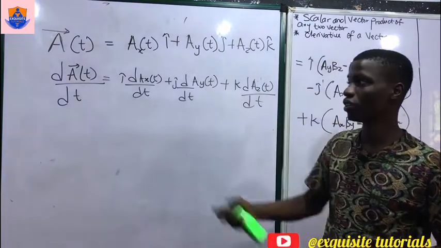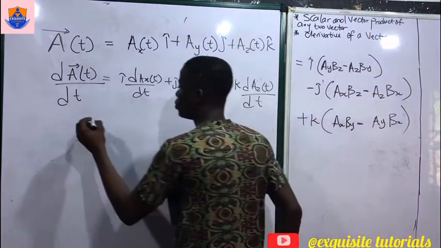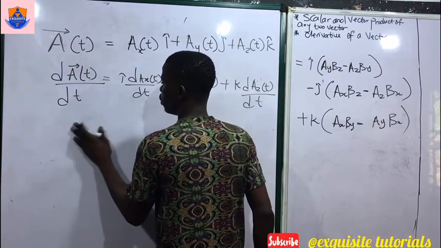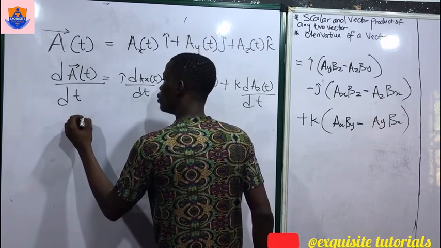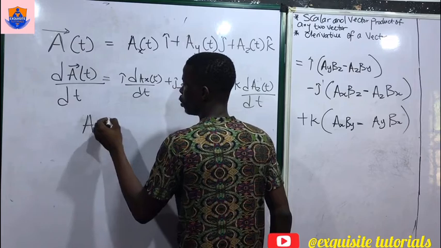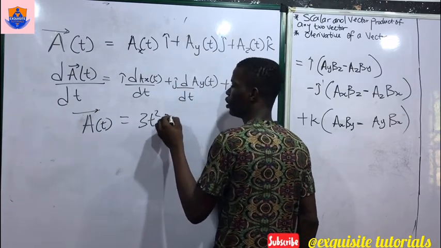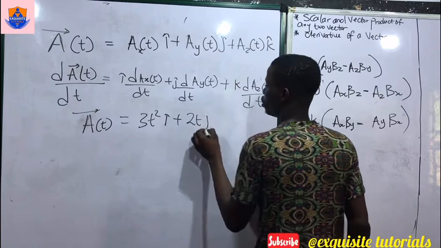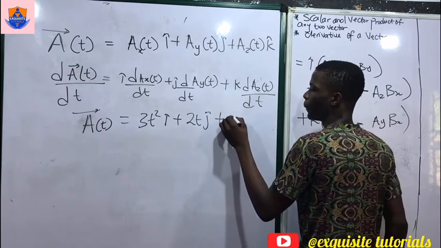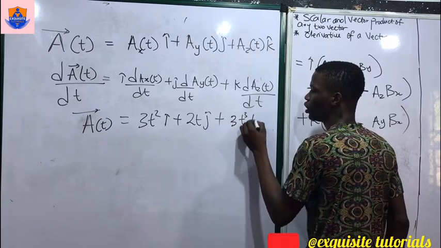Let me give you an example so you get what I'm trying to say. Assume the value we're given is a vector: 3t squared i plus 2tj plus 3t cubed k.